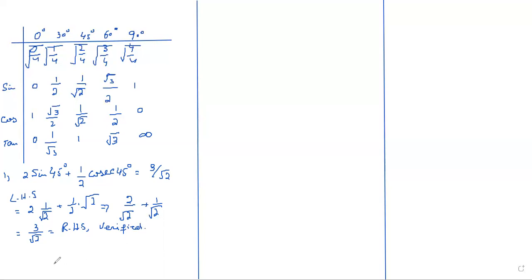The next question, question number 2, is verify. I will write in other ink. Cosine 2 theta equals 1 minus sine square theta, for theta equals 30 degrees and 45 degrees.